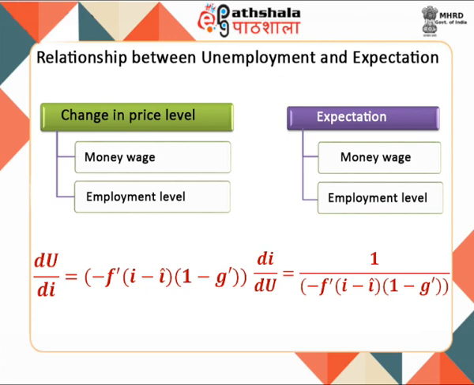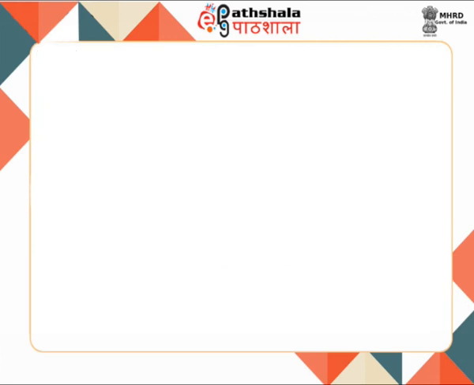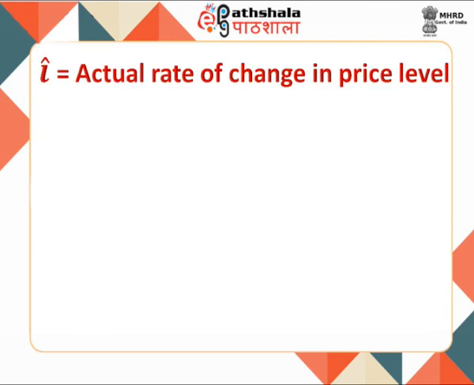Delta I upon delta U is equal to 1 divided by minus f dash (I minus I cap) multiplied by (1 minus G dash), which is a function of the actual rate of change in price level and has been previously shown through the function I cap is equal to G(I).